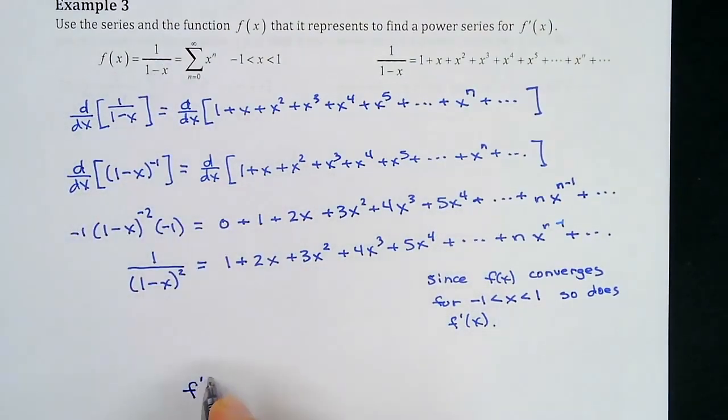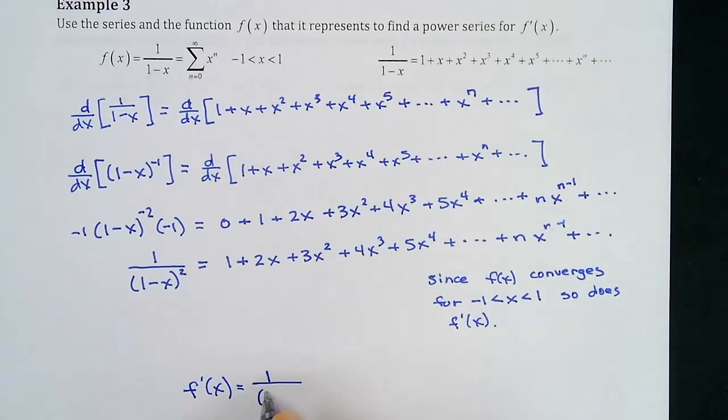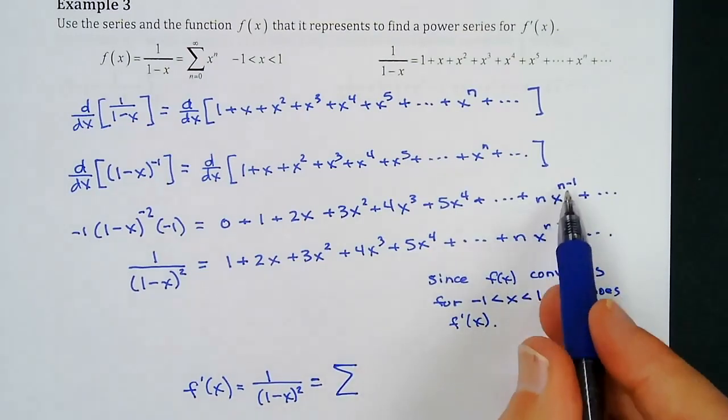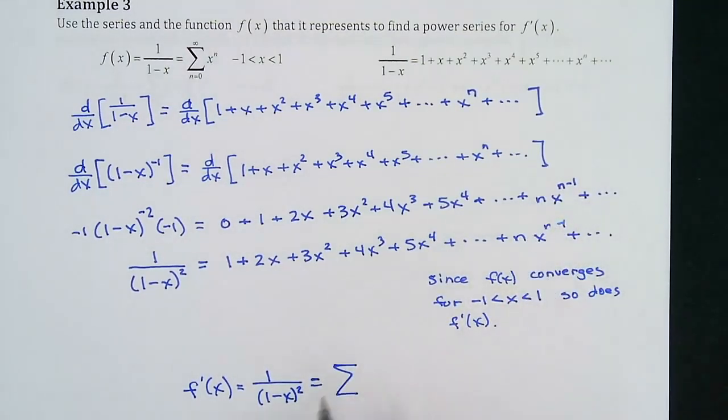This means f prime of x is equivalent to 1 over 1 minus x squared, which is equivalent to sigma. And right here, by realizing this is my formula that I'm going to generate for my sigma notation, it's going to be n times x raised to the n minus 1 power.